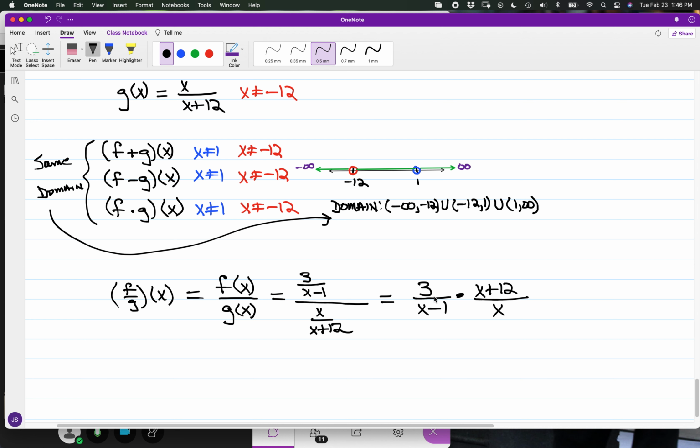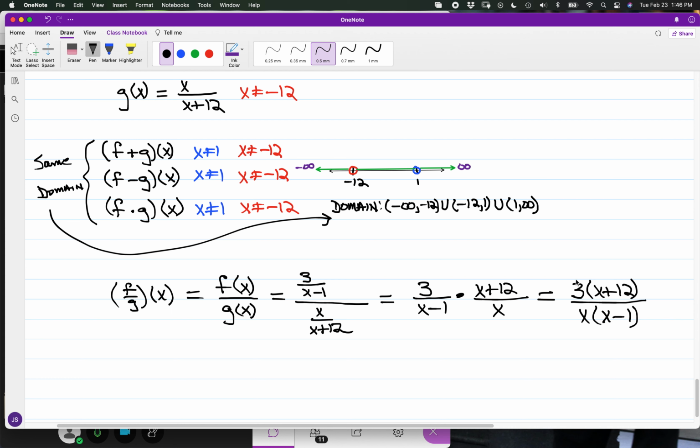So here we have 3 over x minus 1 times x plus 12 over x. For the resulting quotient function, we have 3 times the quantity of x plus 12, all over x minus 1 times x, or x times the quantity of x minus 1.